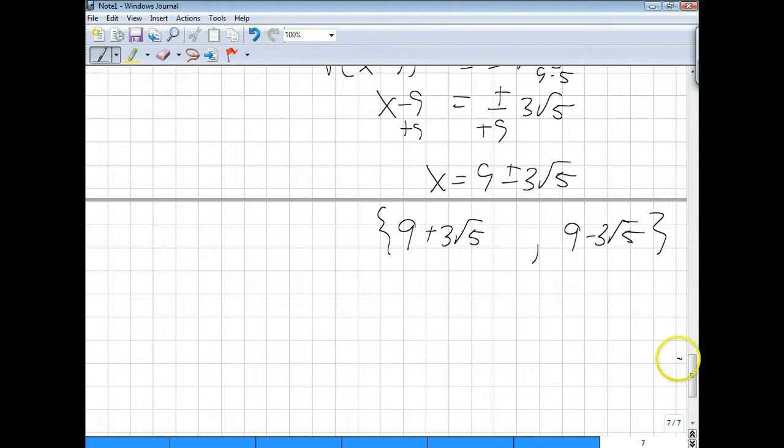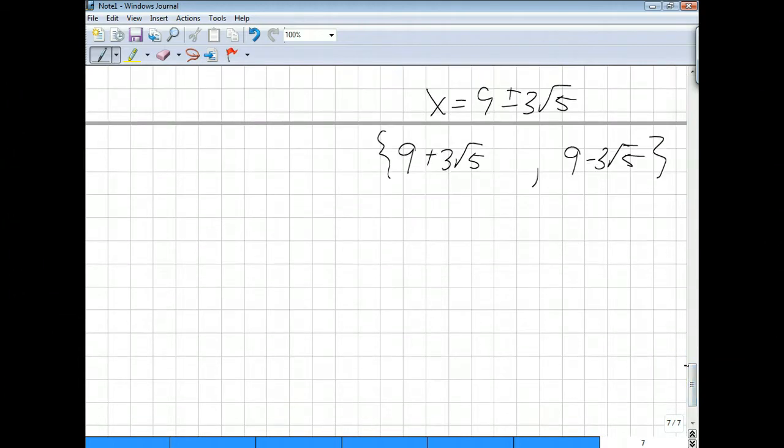All right. Now remember the step that says that the number in front of the x squared must be a 1. So what do you do when it is not a 1? All right. So for instance, example number 4, if I have 2x squared minus 6x plus 8 equals 12.